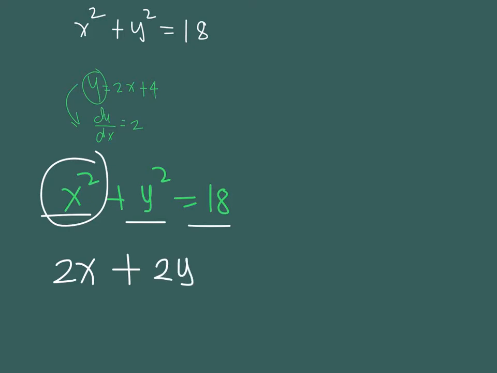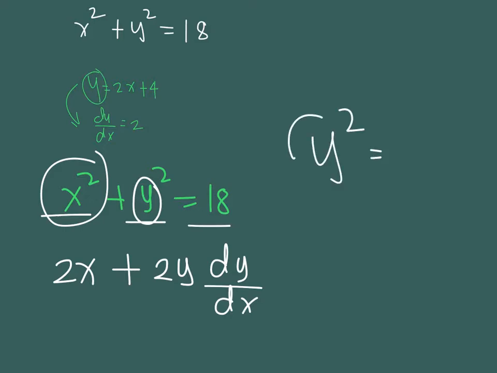You have the y that's supposed to become dy over dx. Remember, from y squared, 2 goes down, y raised to 1, but you have to indicate the derivative of y, which is dy over dx. Follow? And then equals, differentiate 18 as usual, 0. Okay, so that is our first step.